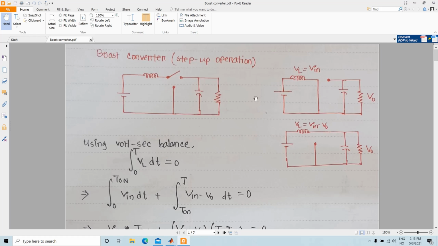So if we look at the operation here, when the switch is connected to this node, that means it is connected like this in the second figure.